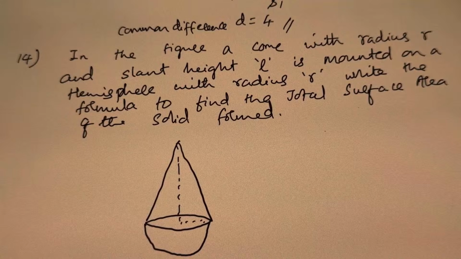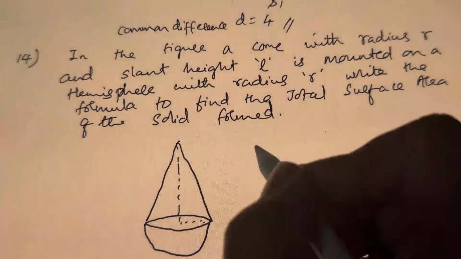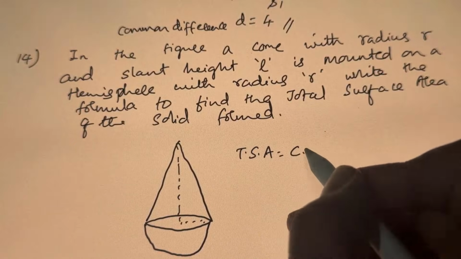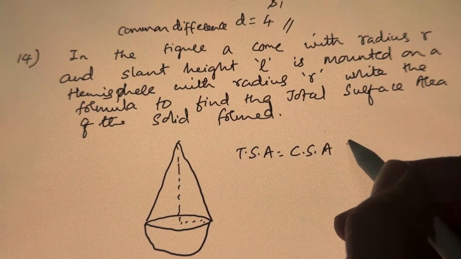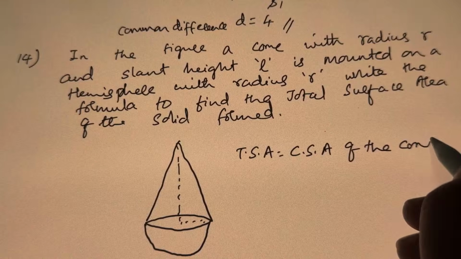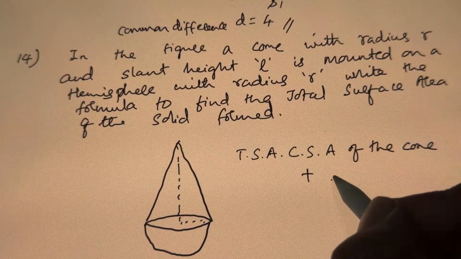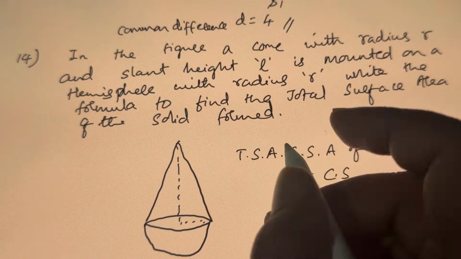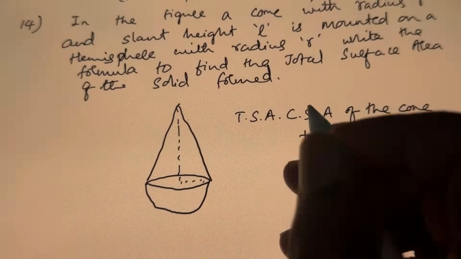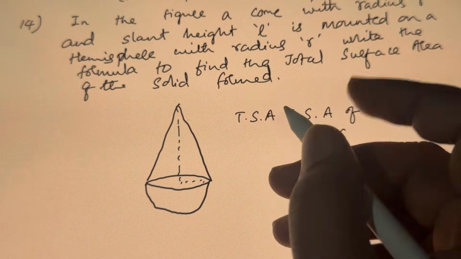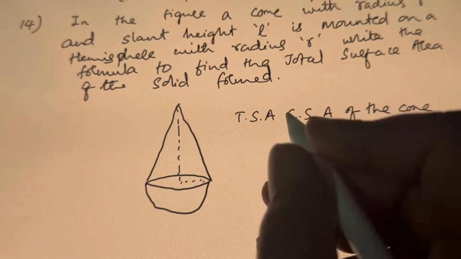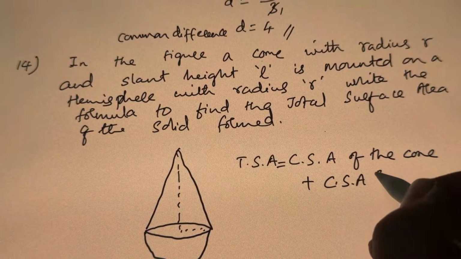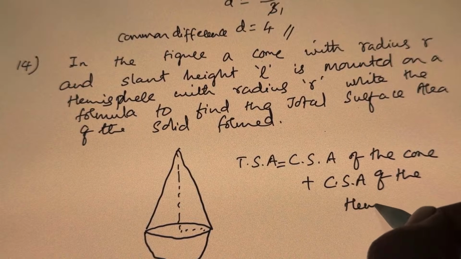So the total surface area of the solid formed can be given by total surface area is equal to curved surface area of the cone plus curved surface area of the hemisphere.